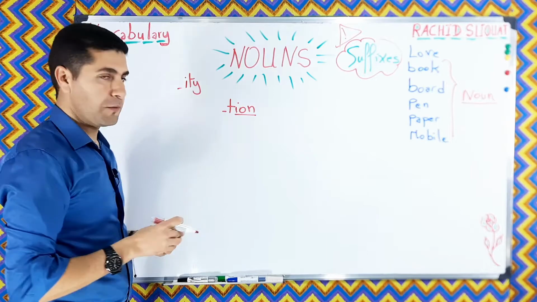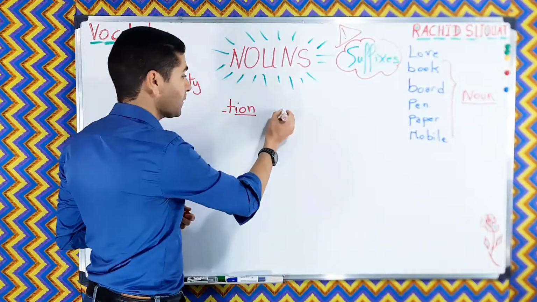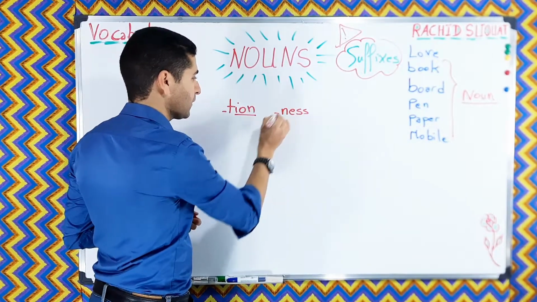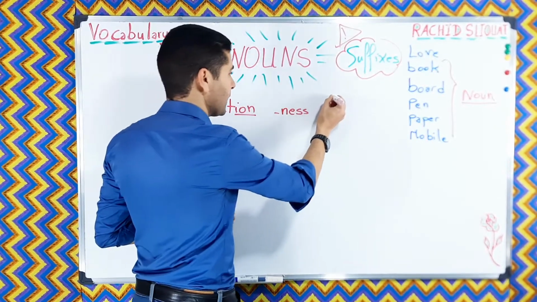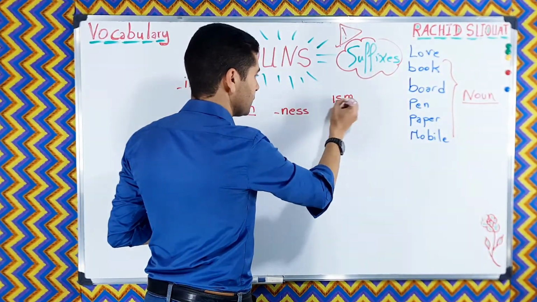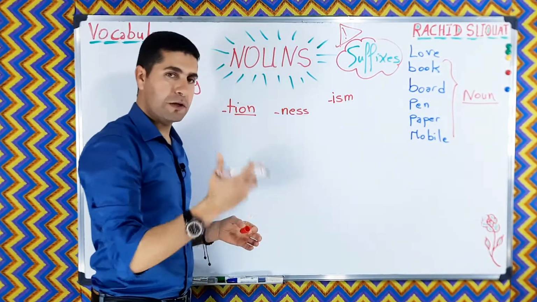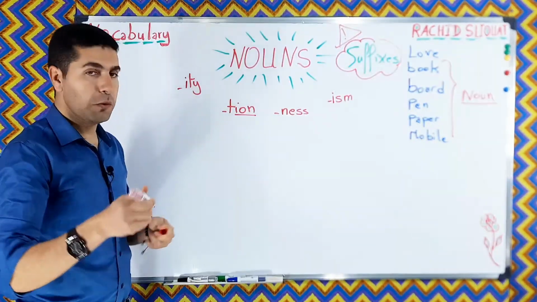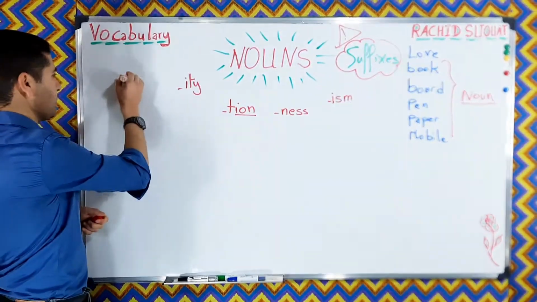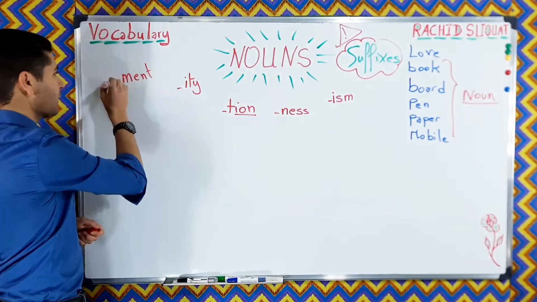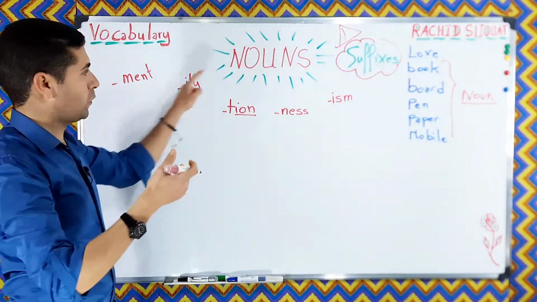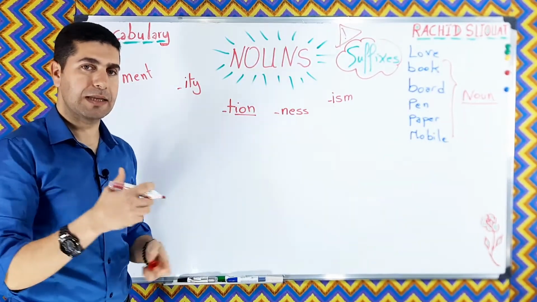We have other suffixes like ness, ism, a very common suffix to make nouns, and ment, like in government.